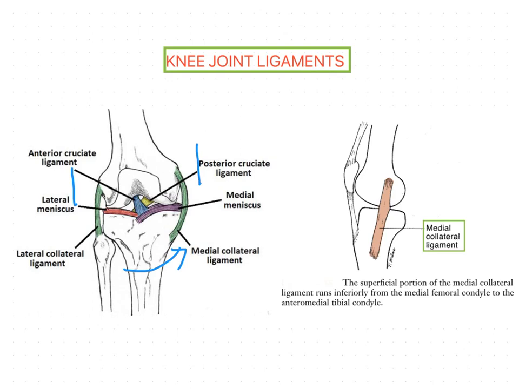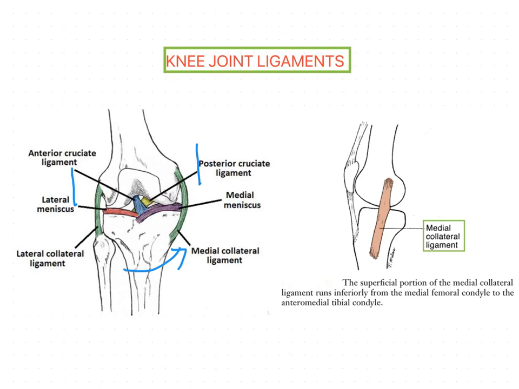So how are these names given? When the tibia is fixed, the femur is displacing anteriorly or posteriorly on the tibia, or when the femur is fixed, the tibia is displacing anteriorly or posteriorly. These two things you have to keep in mind.